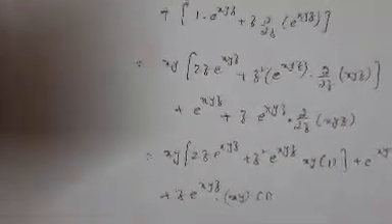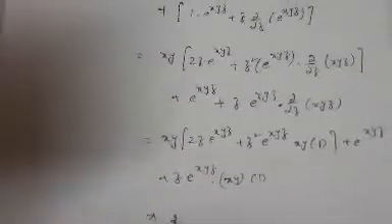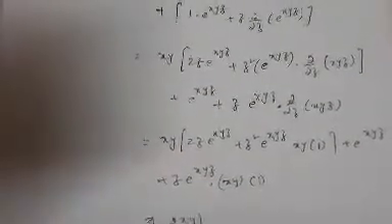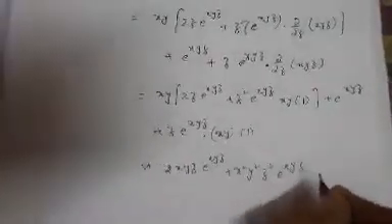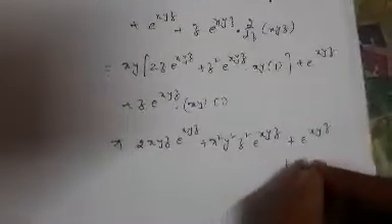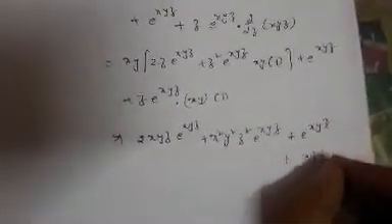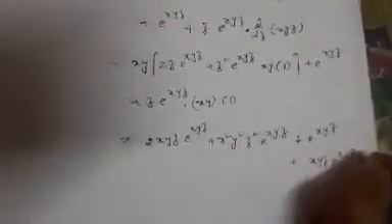So now multiplying those by xy, then 2xyz into e^(xyz) plus 2xyz into e^(xyz) plus x²y²z² e^(xyz) plus e^(xyz) plus the next value, xyz into e^(xyz).